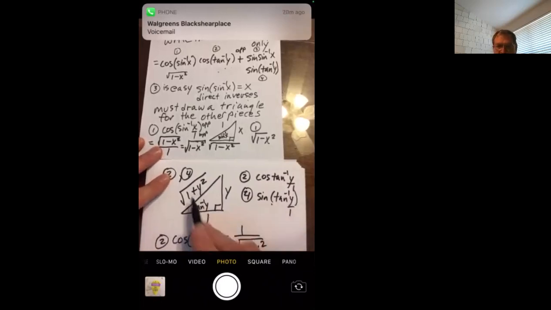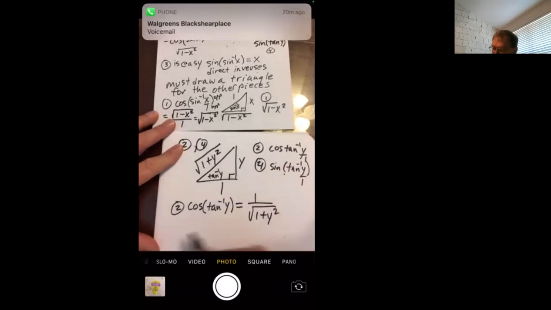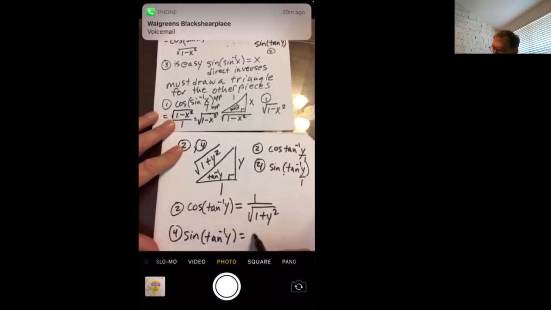Adjacent over hypotenuse. Sine of arctangent y is y over the square root of 1 plus y squared. This is adjacent over hypotenuse, opposite over hypotenuse.